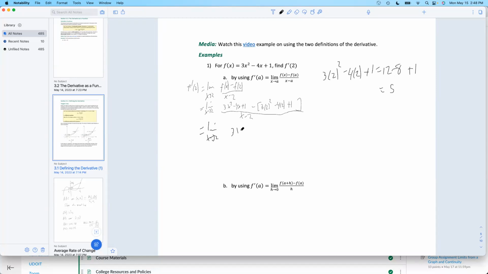So this would be 3x squared minus 4x plus 1 minus 5, all over x minus 2. Okay, now we can combine some like terms there. Limit as x approaches 2 of 3x squared minus 4x minus 4, all over x minus 2.